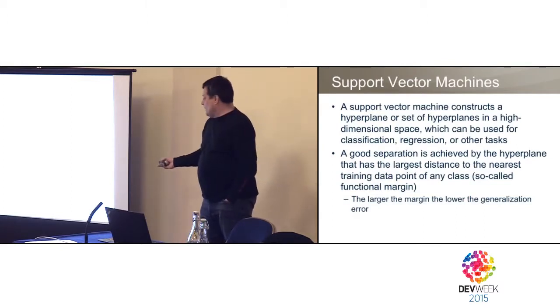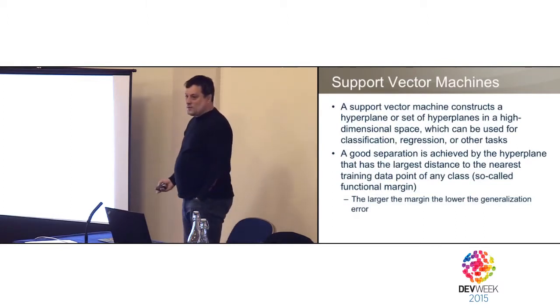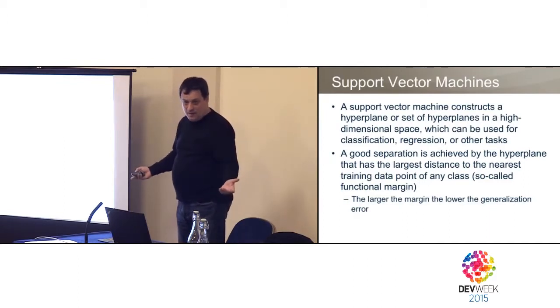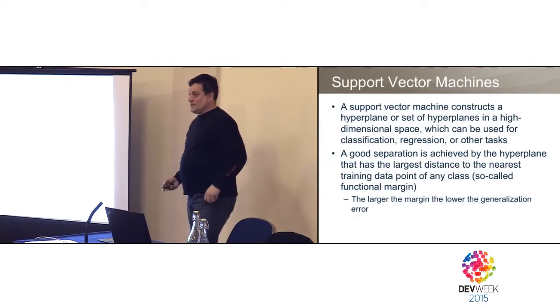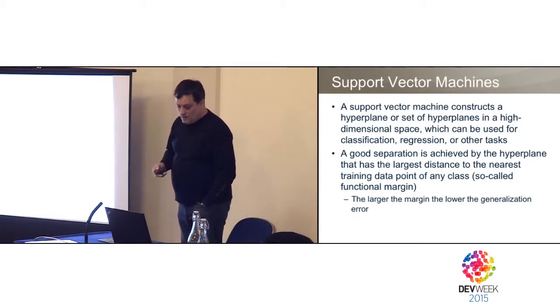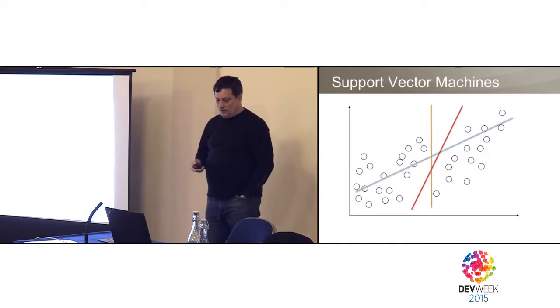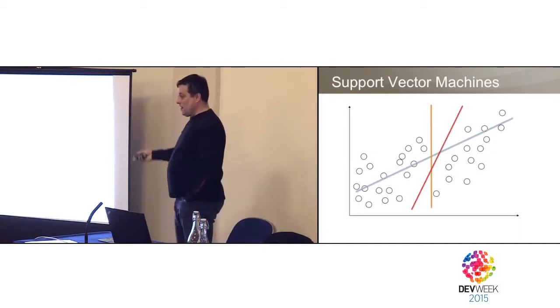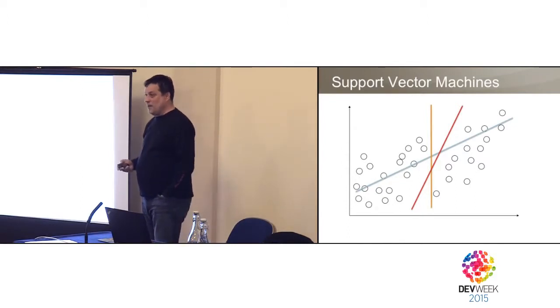So if we go to 2 dimensions, instead of finding the line which has the lowest deviations from the points, we are searching for something different. A line that splits the data in such a way that the deviations are the highest. So imagine I have support vector machines. This would be kind of linear regression. This would be the line that fits data the best. This is not what I'm searching for. First of all, it doesn't even split the data.